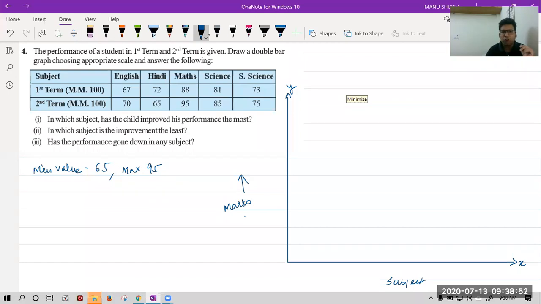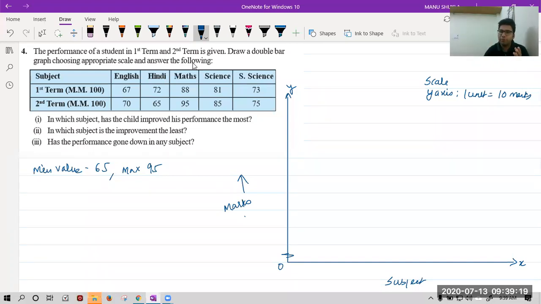I guess a scale of 10 will be okay. Let us use that scale. On the y-axis, I'm defining 1 unit equal to 10 marks. So again, I'm using a kink over here. I have pushed the values of 10, 20, 30, 40, 50.